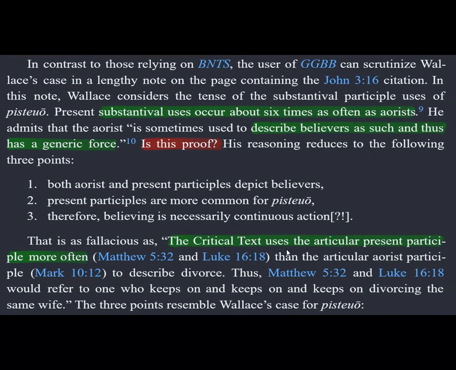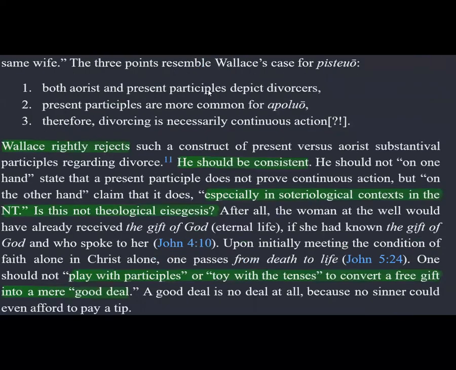It's just showing you that the critical text uses the articular present participle more often than the articular aorist participle to describe divorce. So there's the divorce argument that's in parallel to that. He's basically appealing to Wallace to be consistent rather than changing his view in the sociological context.